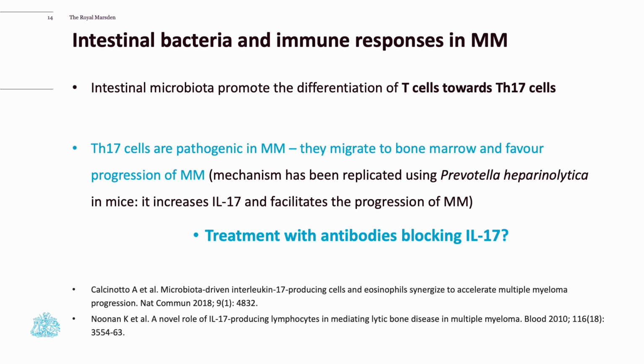So the microorganisms in the guts can be the stimuli and can lead to the activation of antigen-presenting cells, and then they present the antigens to the lymphocytes, they develop further, and they lead to the progression of multiple myeloma in the bone marrow. So there is a background behind that, and we can acknowledge that the bacteria clearly play a role in the development of multiple myeloma.